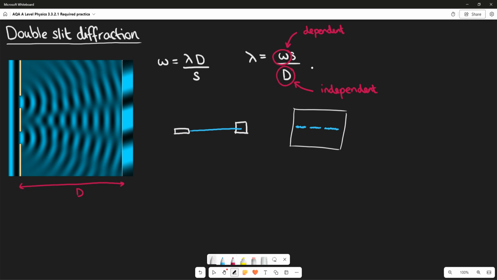If we tweak this formula one more time, then we can rewrite it like this. And therefore, if we plot the fringe spacing against the distance to the screen on a graph, then this will be our gradient.